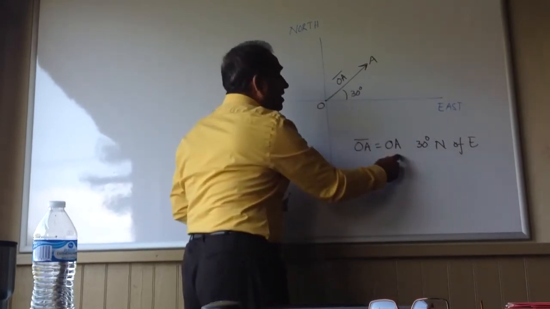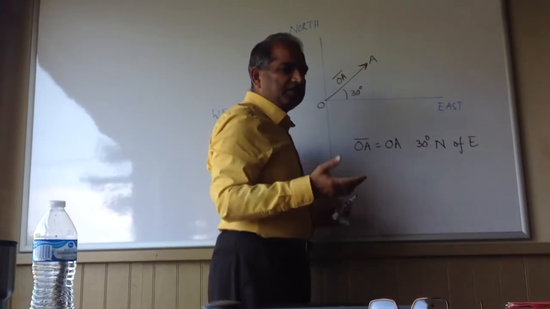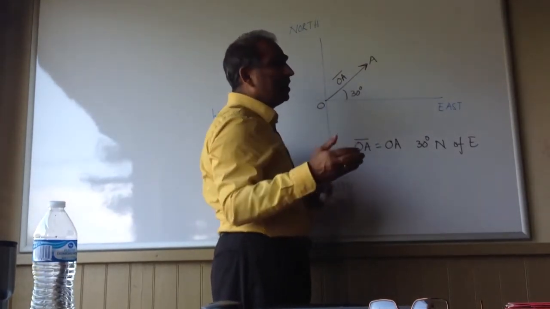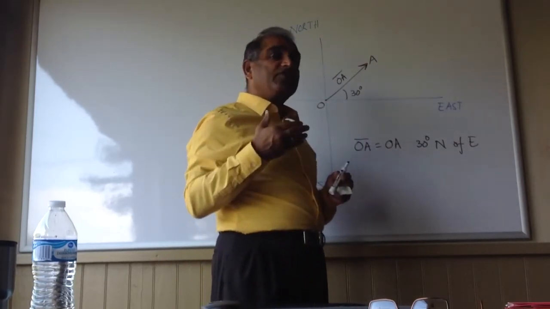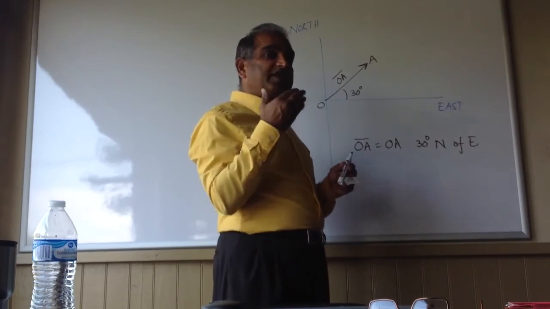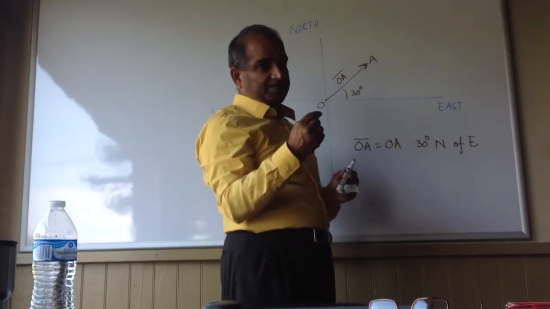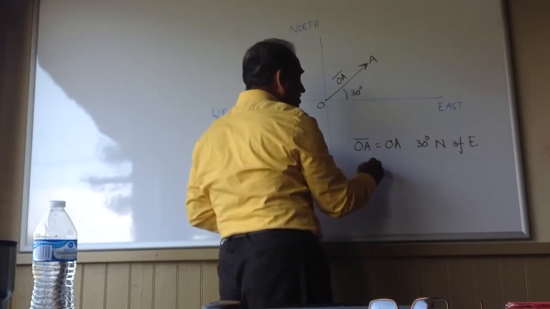So this OA, we can make it 10 units or 15 units or any number of units, whatever you want the vector to be. So if I say this vector is a velocity moving with 70 miles per hour, then this length is 70. So we can say OA bar is the velocity vector.